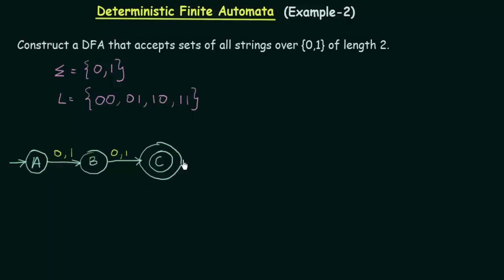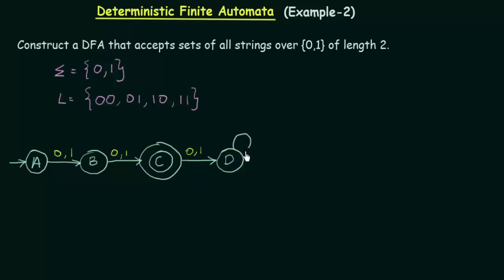I did not mention what happens if I get an input again in C. So whether I get input 0 or 1 in state C, I will send it to another state, which I will call state D. Whether I get input 0 or 1, I send it to state D. And state D also is not complete, because I did not mention what will happen in state D, whether it gets 0 or 1.